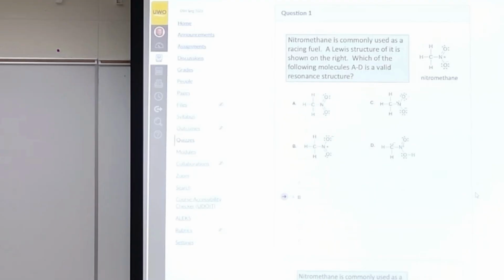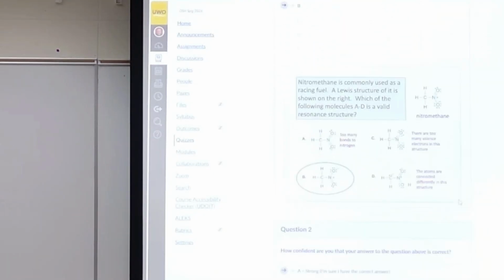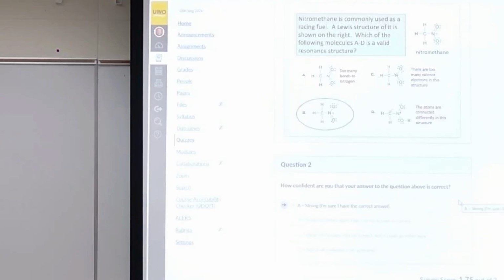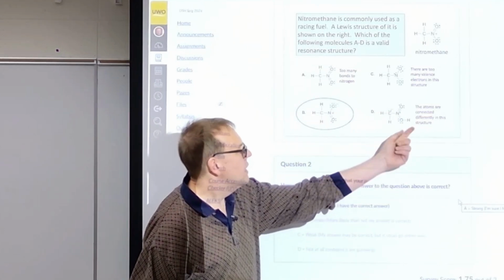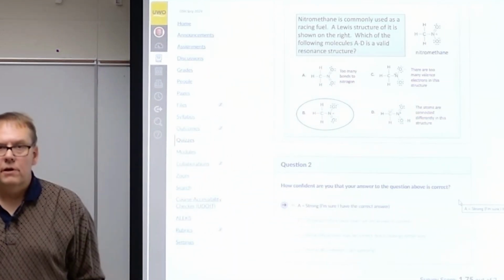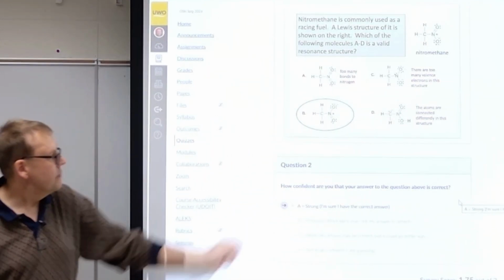When I scroll down, there's a good explanation of this that I put in. Usually I try to put in pretty detailed explanations for why a particular answer is right, and maybe why some answers are wrong. Too many bonds to nitrogen, too many valence electrons, atoms connected differently, all things that are a problem for resonance structures. And then this is the correct one.